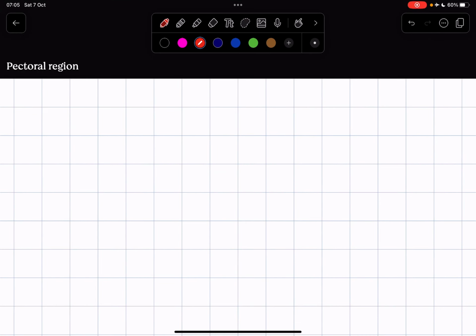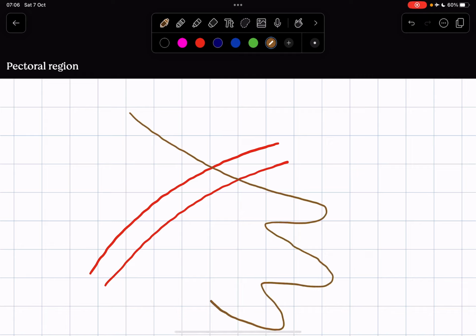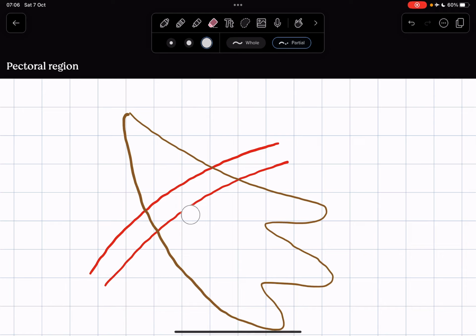Here is the axillary artery, and then we have the pectoralis minor muscle taking origin by three heads. This is how the pectoralis minor muscle is going to divide the axillary artery into parts.